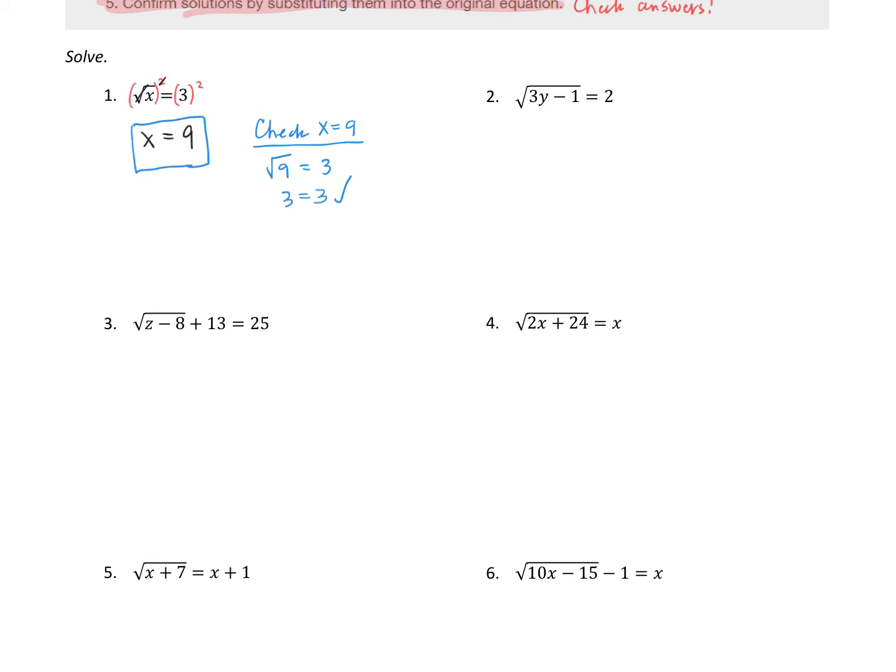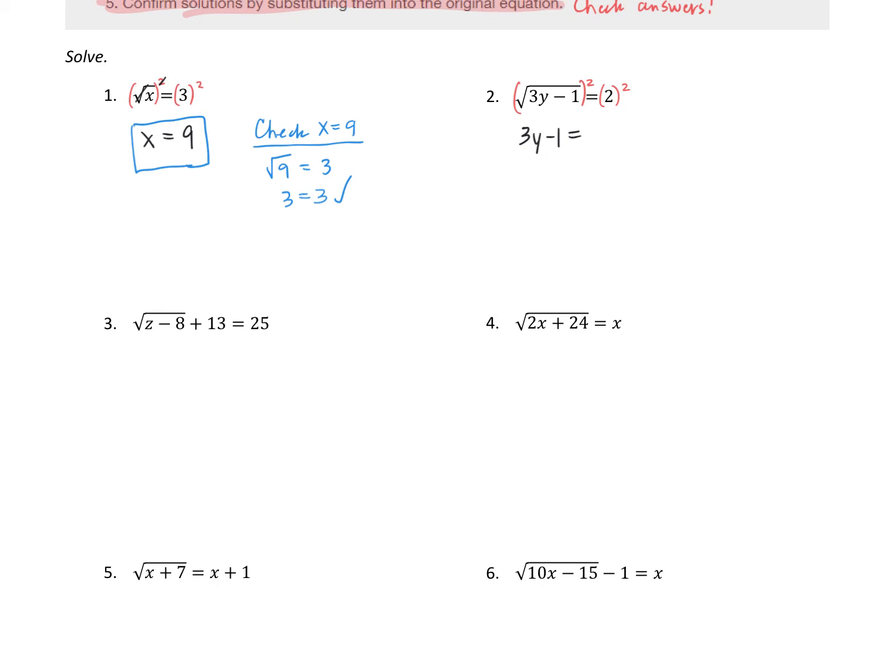Number 2. First thing I look at is the square root by itself on one side of the equal sign? Yes, everything on the left-hand side is underneath the radical. So at this point, it's good to get rid of it by squaring. Since it's a square root, I undo that with a square. So if I square both sides, the left-hand side is just going to be 3y minus 1, because the square undoes the square root.